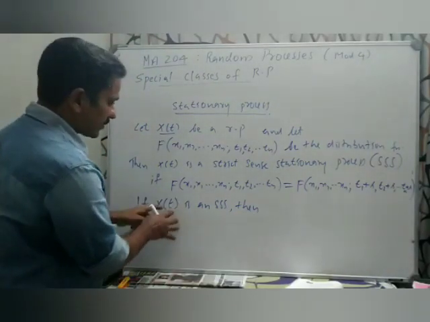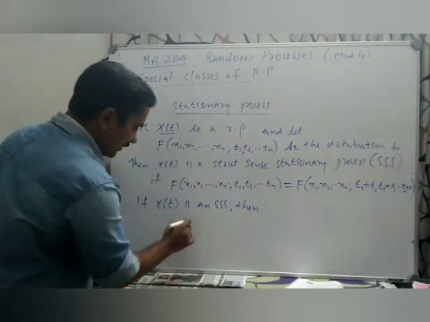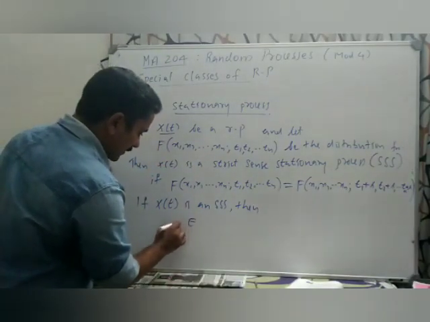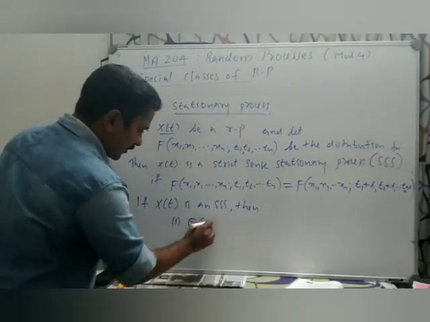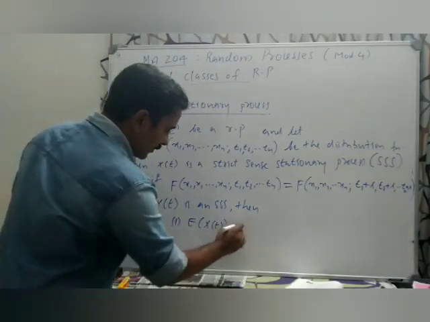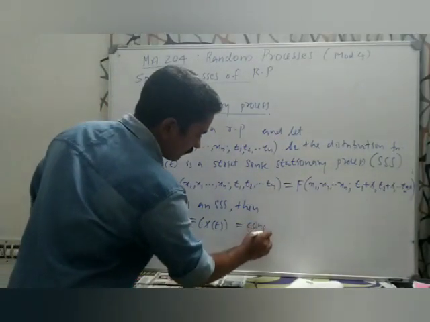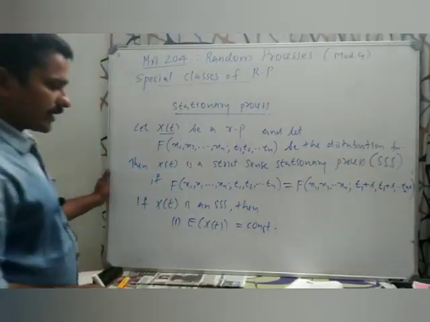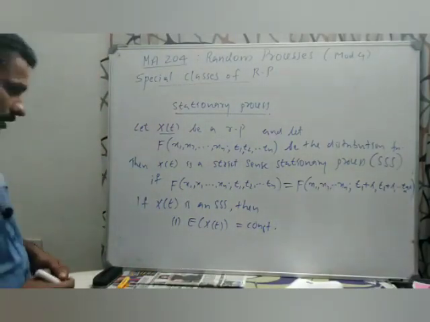That means if x of t is a stationary process, then its expectation, this is the first condition, expectation of x of t will be a constant.